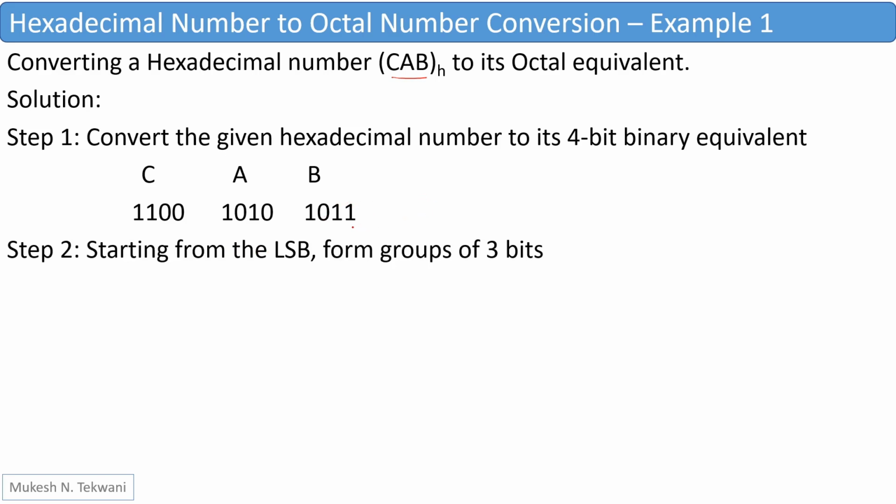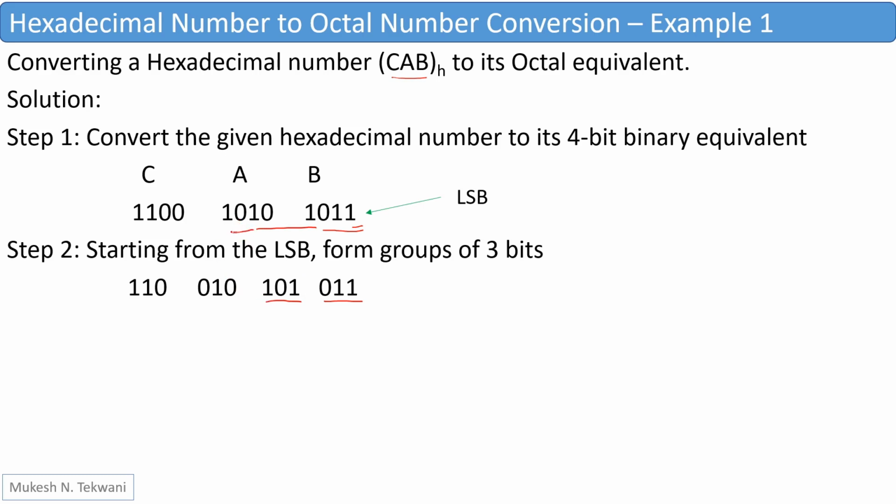Now, in step 2, we start from the least significant bit. This is our least significant bit, and from here we form groups of 3 bits as we move from the least significant bit to the most significant bit. So starting from the LSB, let us form the groups of 3 bits. We have 011, then 101, as we are moving from the right to the left.